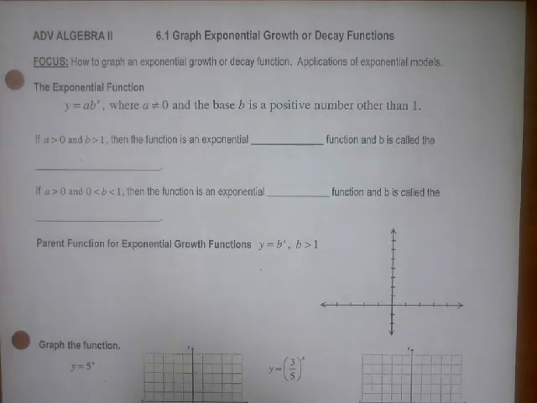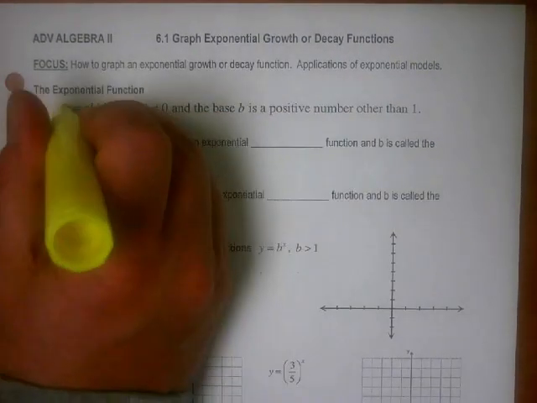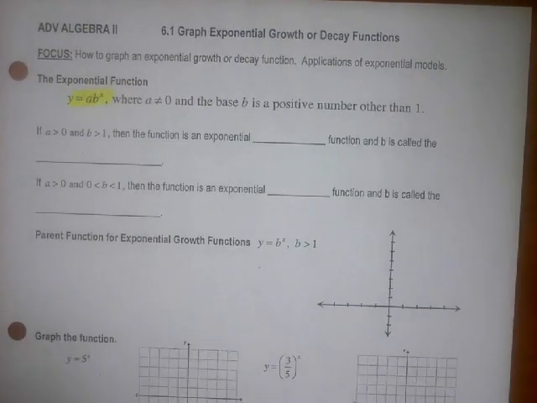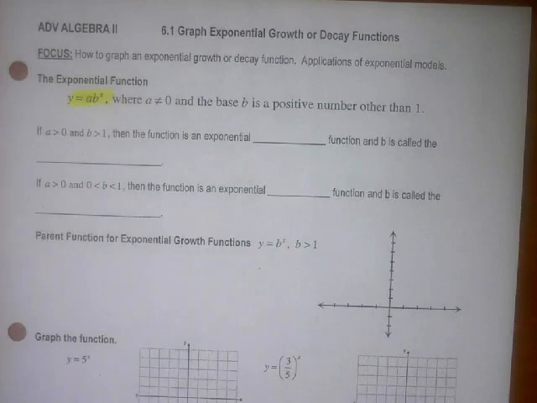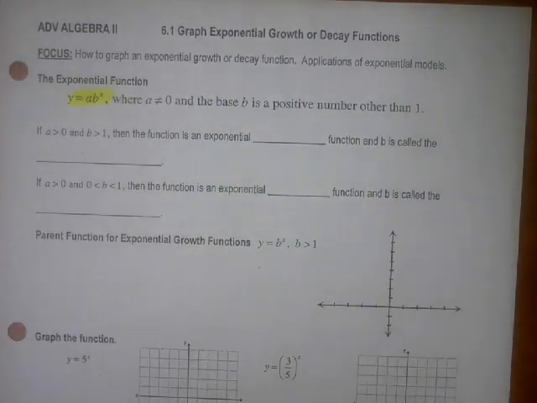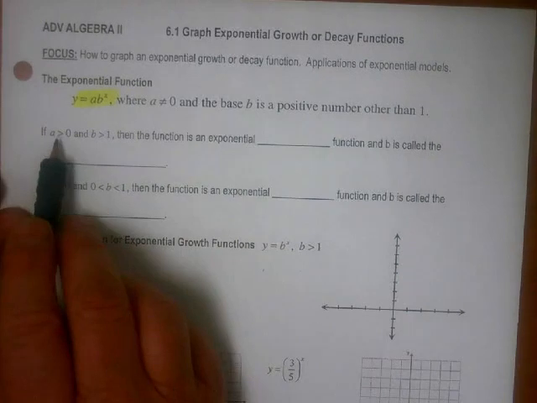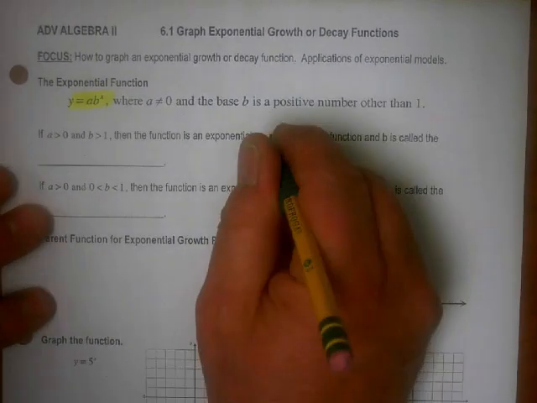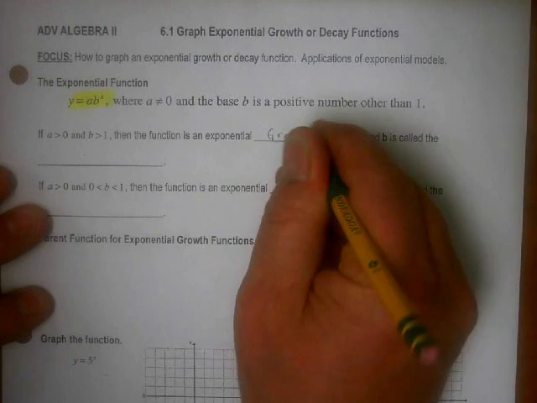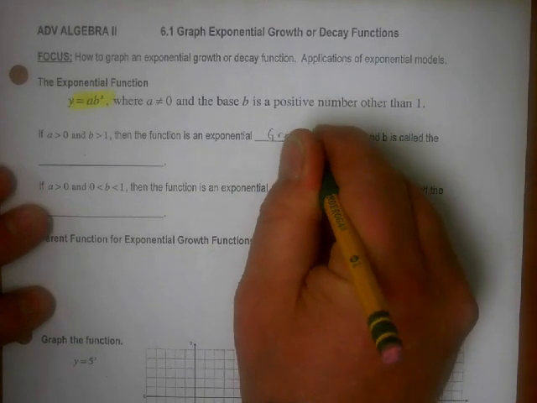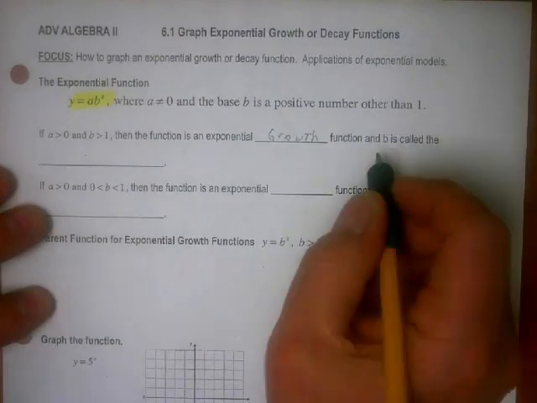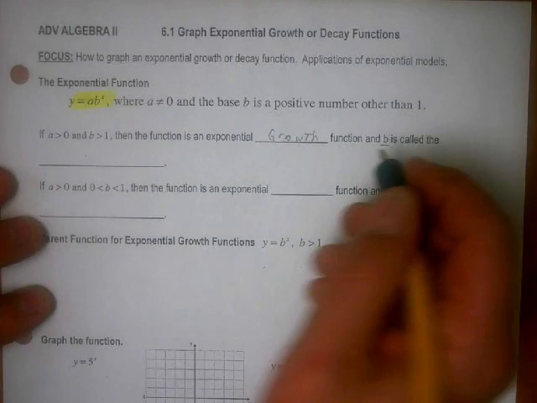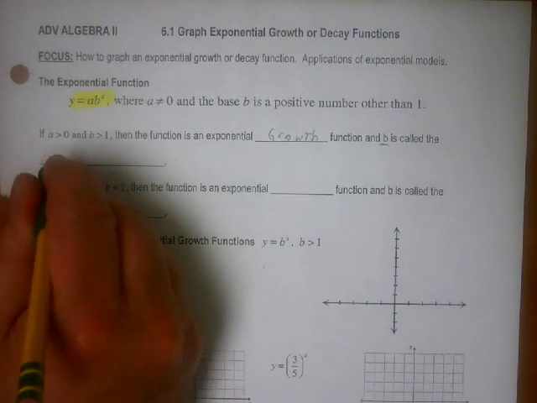An exponential function is going to be written in the form y equals ab to the x power, where a is not equal to 0, and b, which is your base, is a positive number other than 1. If a is greater than 0 and b is greater than 1, then the function is an exponential growth, and b is called the growth factor.